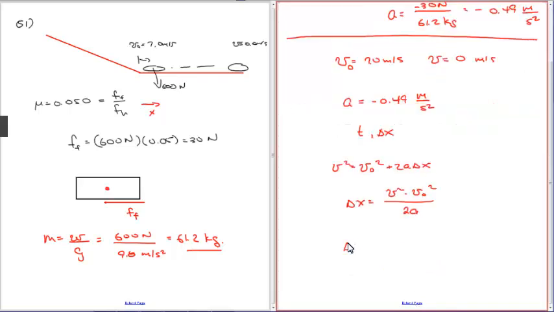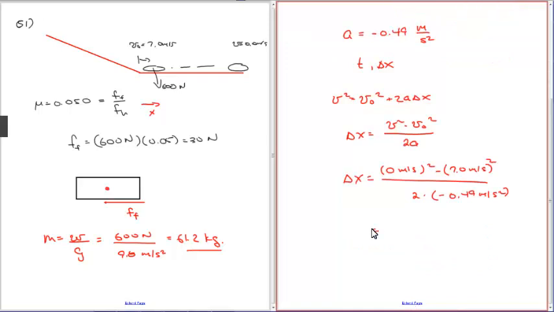V squared is 0 meters per second. V0 squared is 7.0 meters per second. And we have 2 times acceleration, which is negative 0.49 meters per second squared.